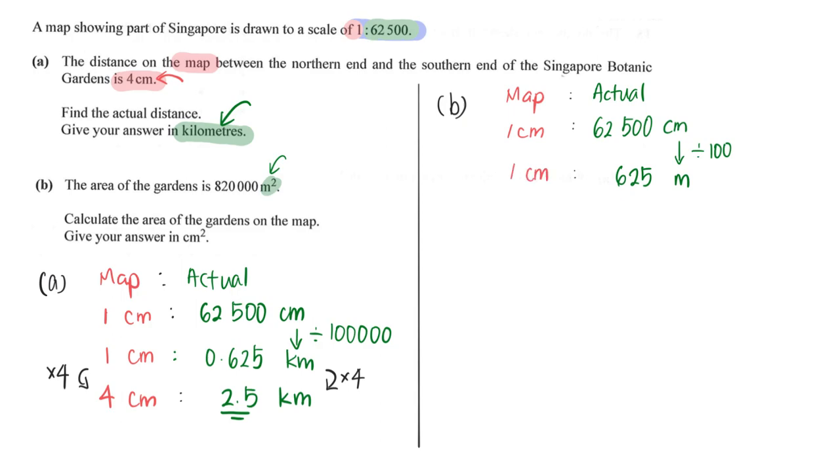And now, notice how I get my area scale. I square it, meaning 1 cm times 1 cm, 625 meter times 625 meter. That will give me my area scale.